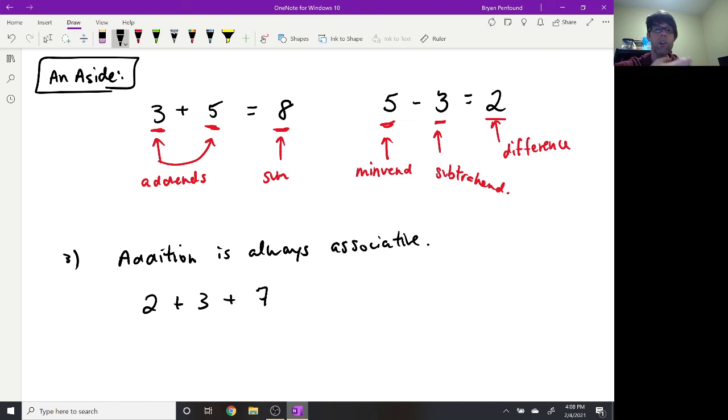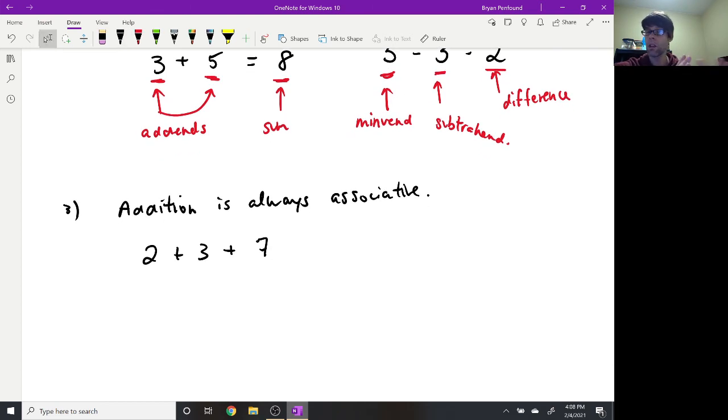Associativity is the ordering, but keeping the three numbers aligned in the same way. So when I see this statement, 2 plus 3 plus 7, I could tackle it in one of two ways. I could add 2 and 3 first, which would give us 5, and then add 5 plus 7 together to get 12.